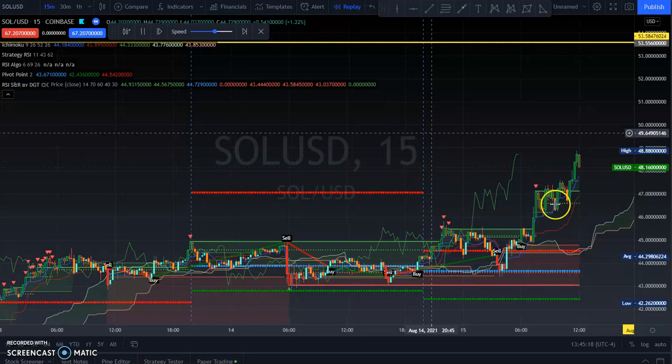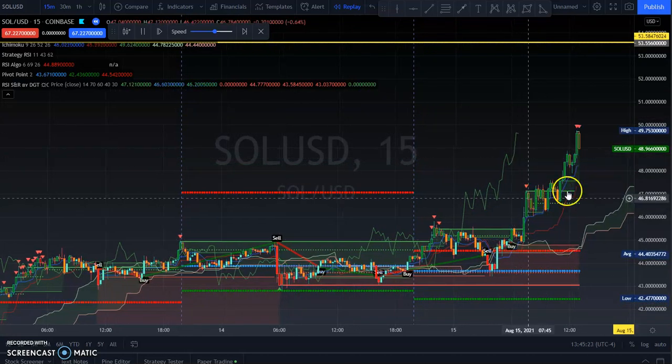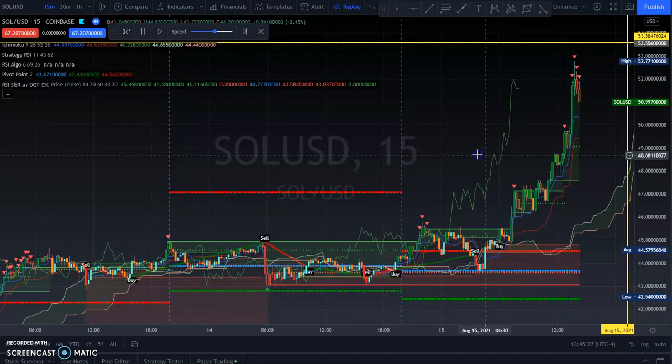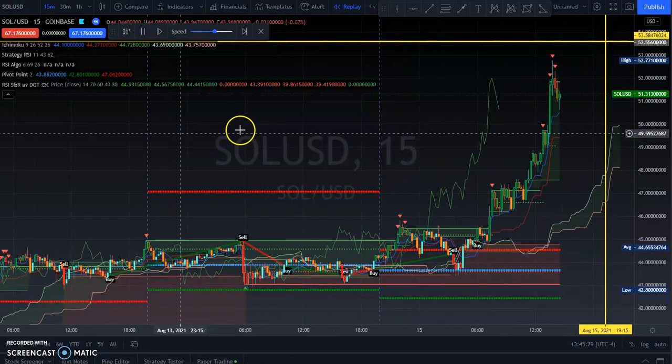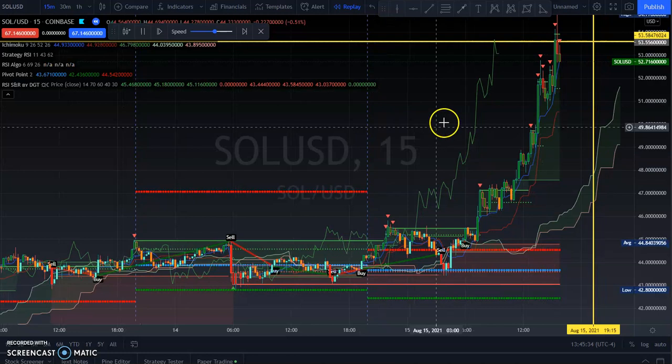You see the lagging. See how those lines now it's crossed above and it says buy down there. You want to get in on that. This is the 15 minute interval. Each candle represents 15 minutes on this one.